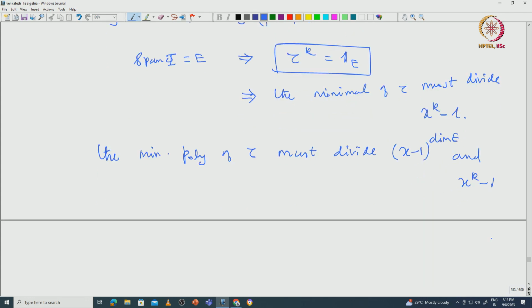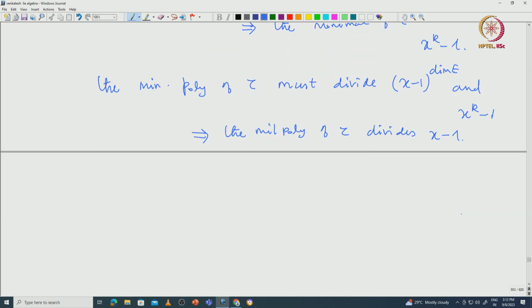But you can see that the only polynomial that divides both of them is nothing but x minus 1. Thus, that forces that the minimal polynomial of tau divides x minus 1. Okay.